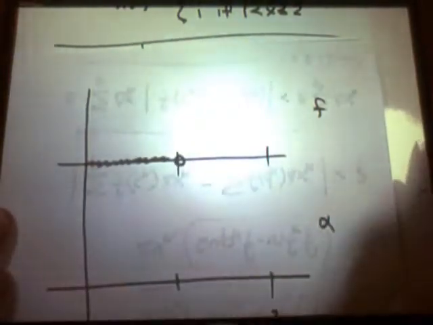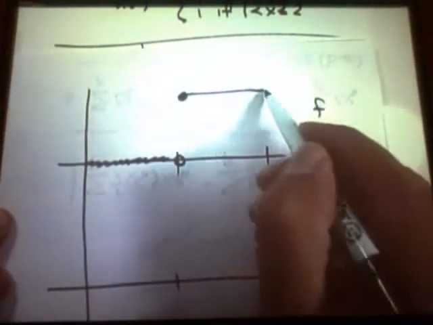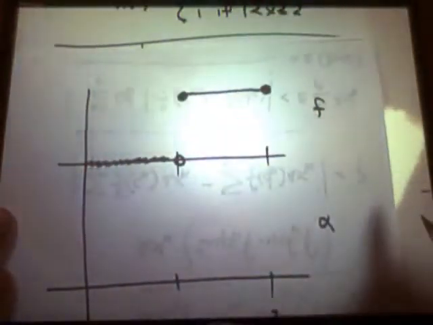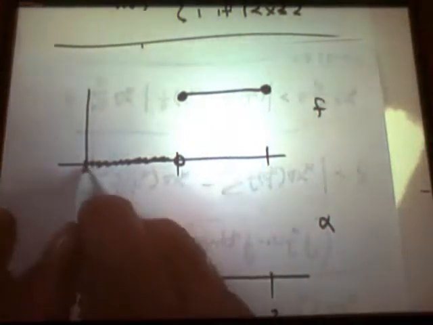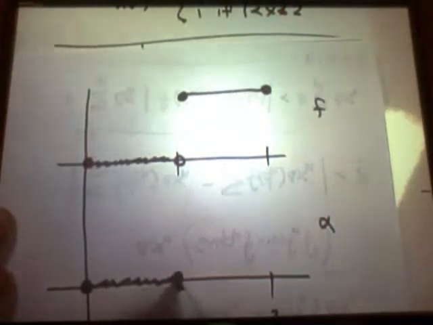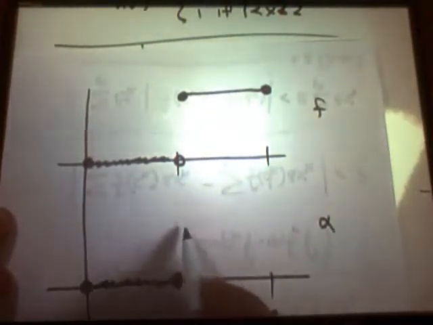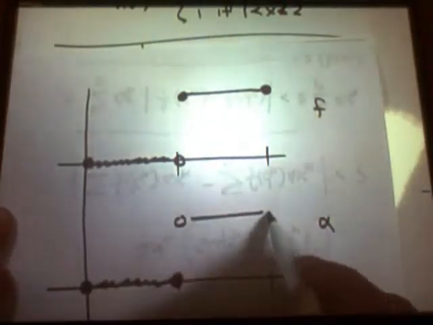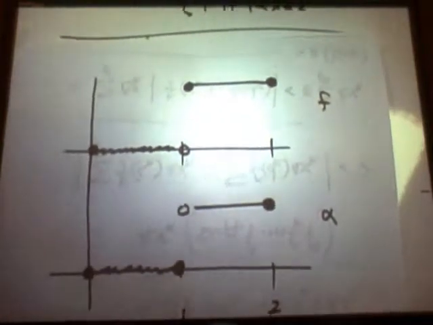So f is going to be there, and then pick up and go from there to there. Alpha is going to be from here to here, and pick up and go to here. Okay?